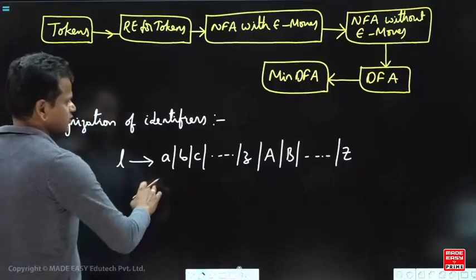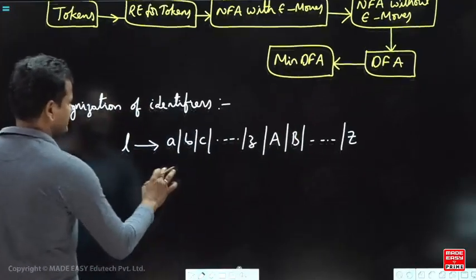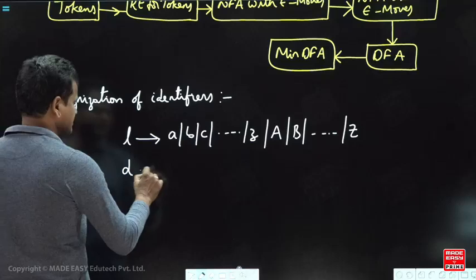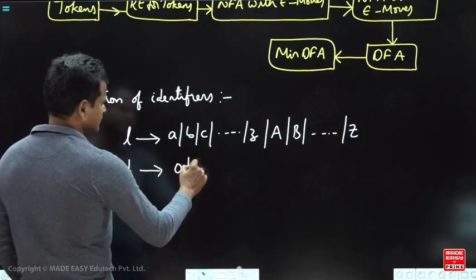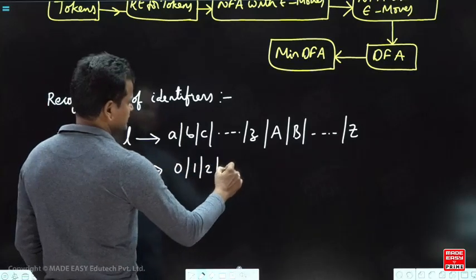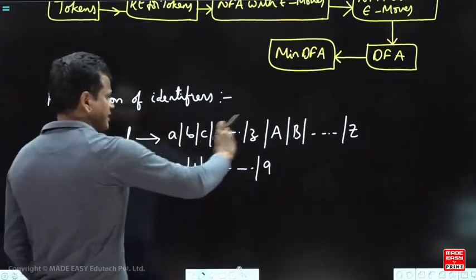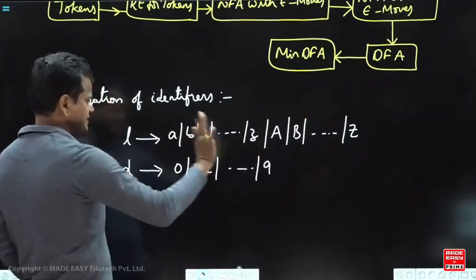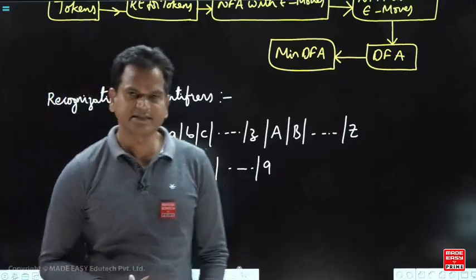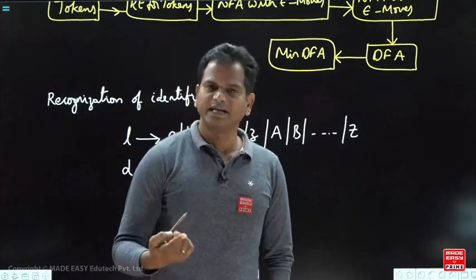In general, alphanumeric symbols are any combination of alphabets and numericals. What are the numericals? 0, 1, 2, 3, and so on, 9. So these are the available alphabets and available digits. What is an identifier?